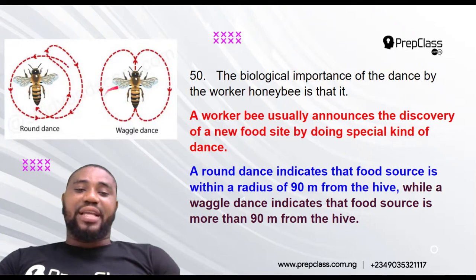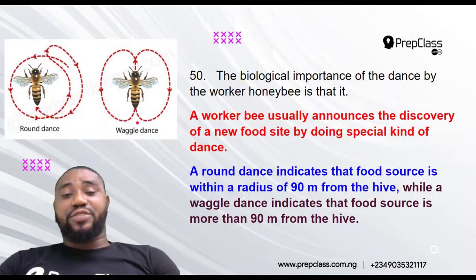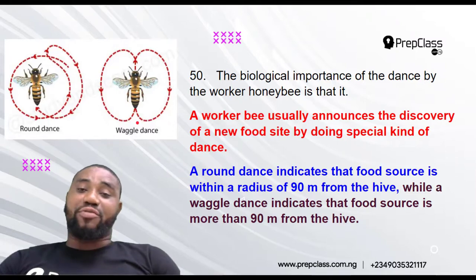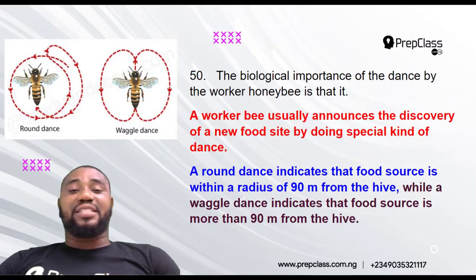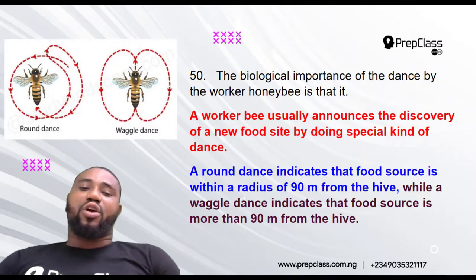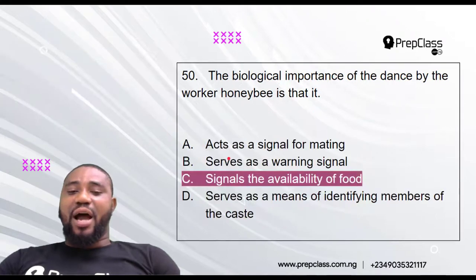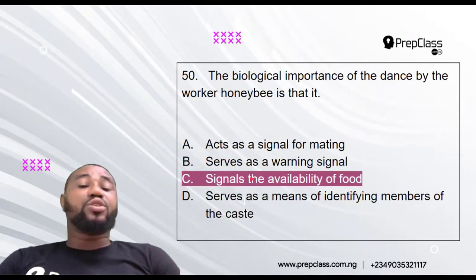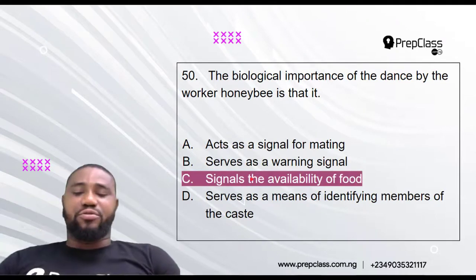And when it dances in a waggle dance, it goes this way, then this way, then this way. It means that guys, food is available, but it's somehow far, more than 90 meters from our hive. So the correct answer is that the dance helps to signal the availability of food and where the food source is located.